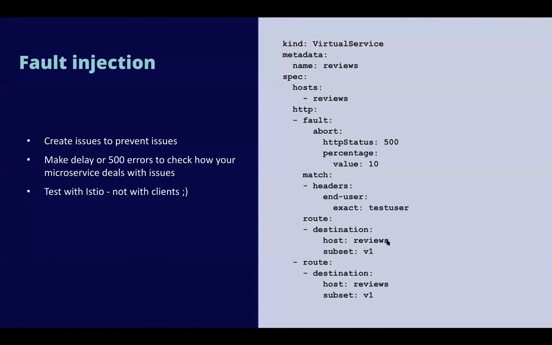Yeah, here is another example: you can inject, for example, fault injection, right? So you can instruct ServiceMesh that if you have a call from front end to back end, then backend will respond to 10% of the calls with HTTP status 500.